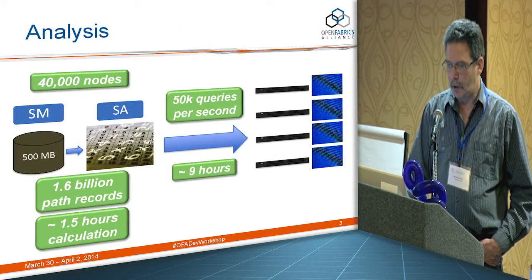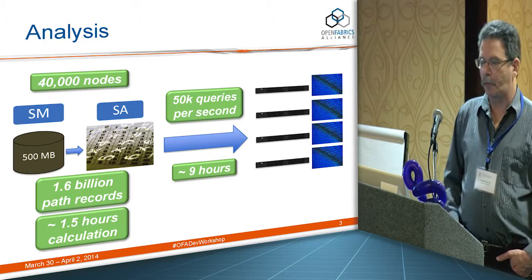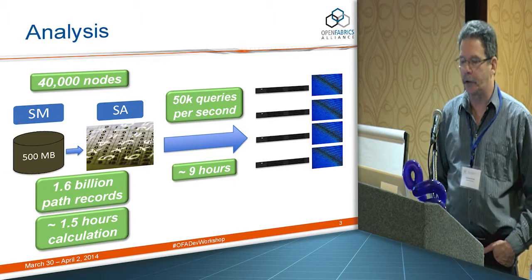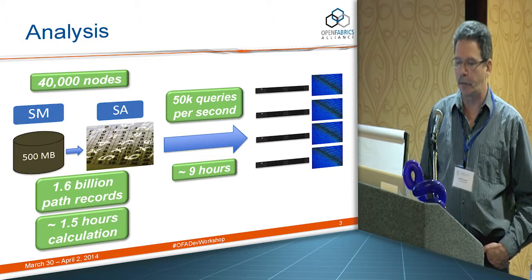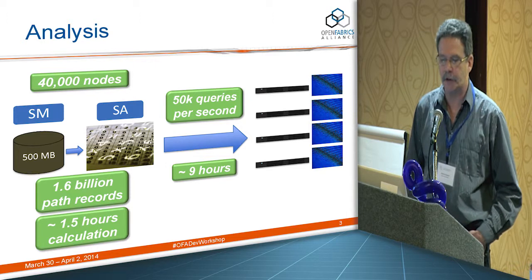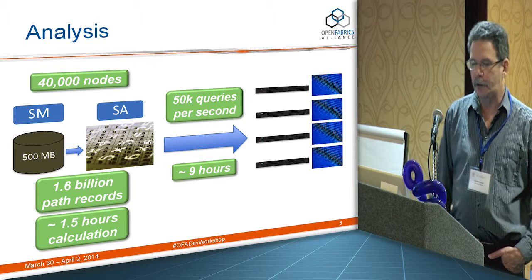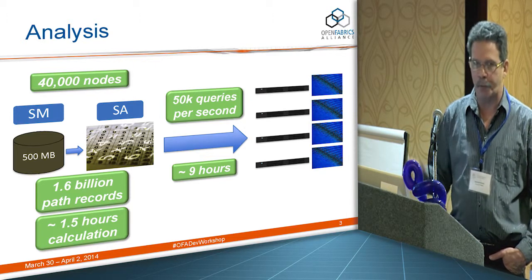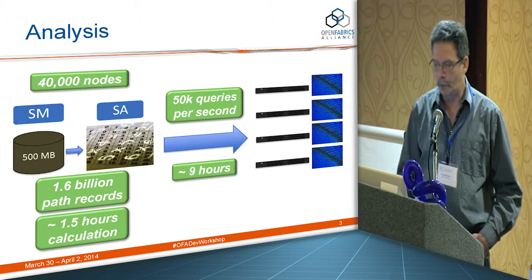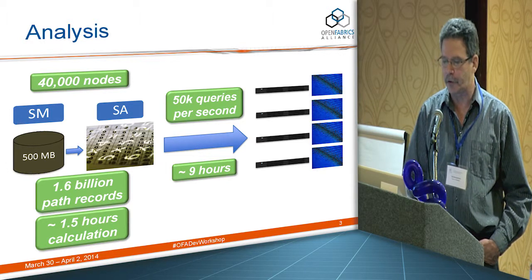So in a large subnet, we have approximately 40,000 nodes. The SM database comes out to be about 500 megabytes for this. If you just do a rough seat of the pants, one path record, 40,000 nodes squared, you get 1.6 billion path records.